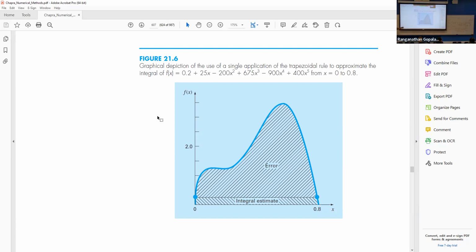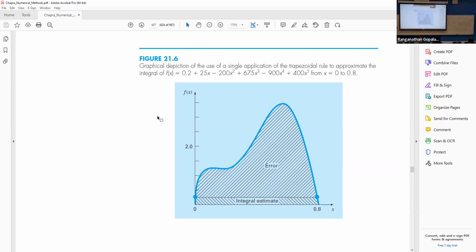Anything could have happened. It might have increased, decreased, reached the peak, whatever. The error is shown here clearly, where the true area is whatever is under the blue curve, the one under the rectangle is what you think it is, and the difference is the error.